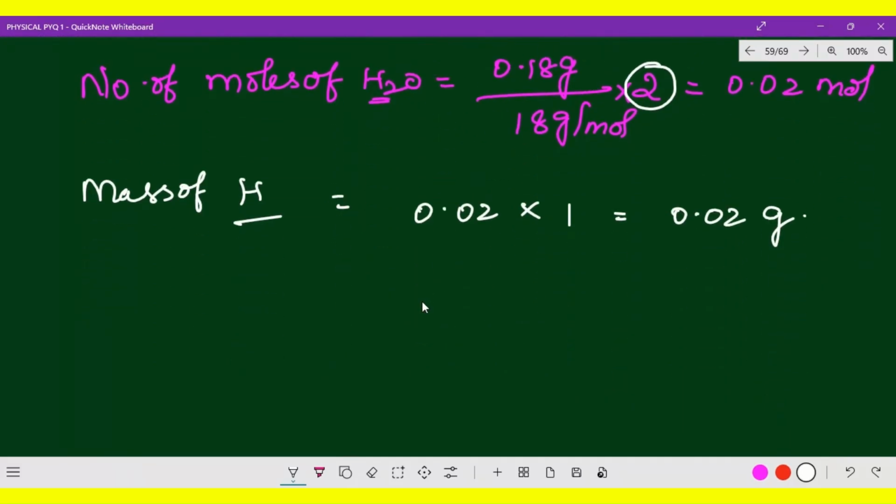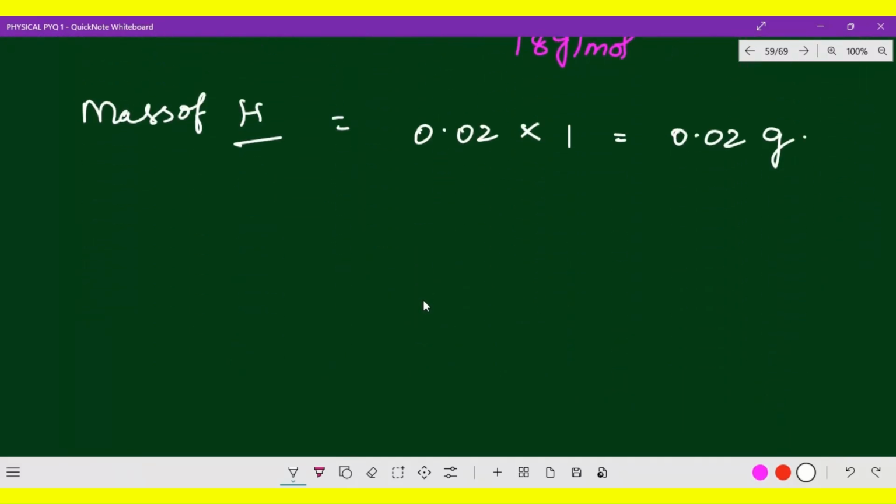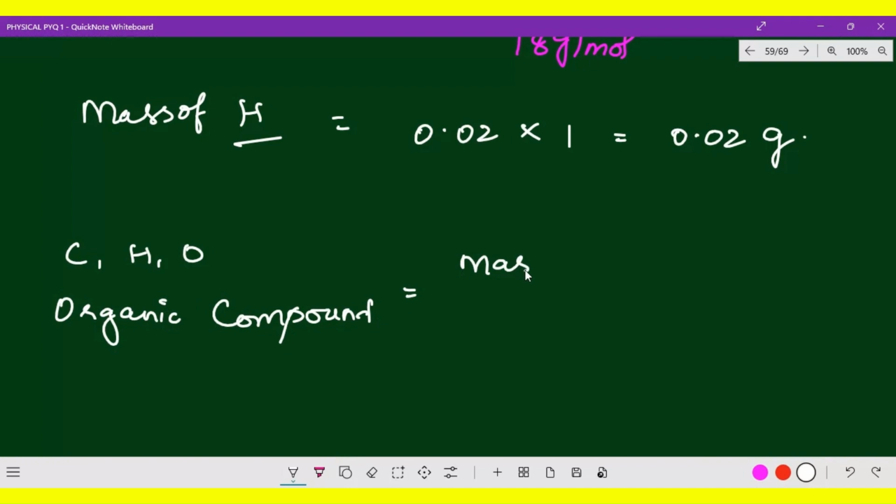Now the mass of oxygen you have to identify, because carbon, hydrogen and oxygen are combined together in this organic compound. So the mass of the organic compound is equal to mass of carbon plus mass of hydrogen plus mass of oxygen. The mass of oxygen we have to identify.